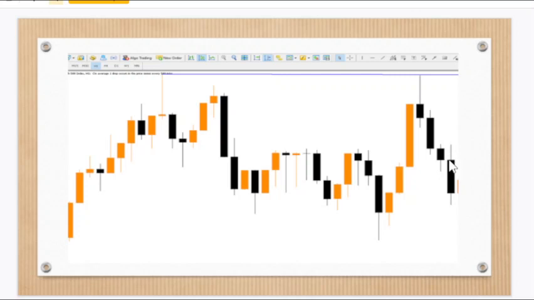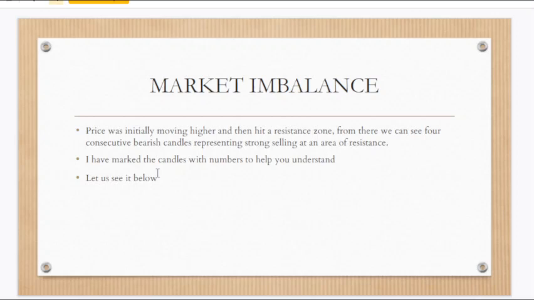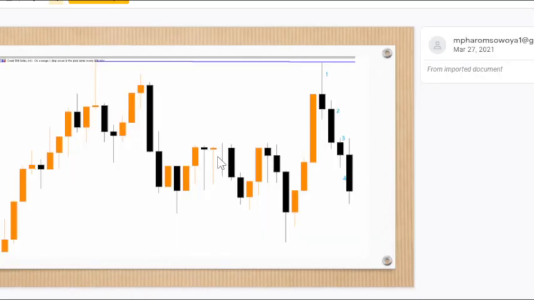Which simply means the market is moving at a rapid rate. I have marked the candles with numbers to help you understand. This is my first candle, this is my second, this is my third, this is my fourth. These 4 candles have moved rapidly, just after an area of resistance above here.